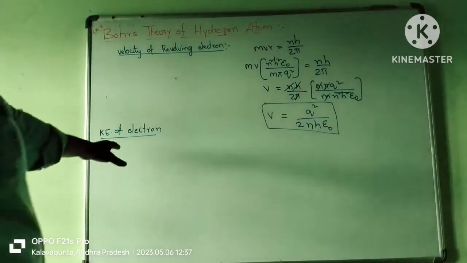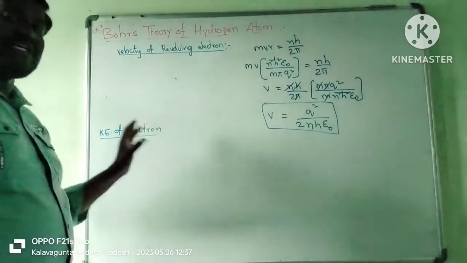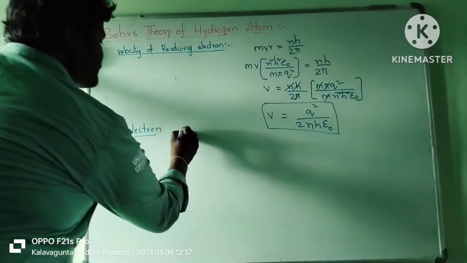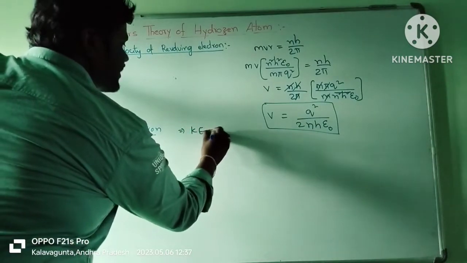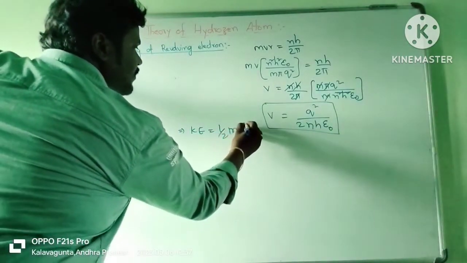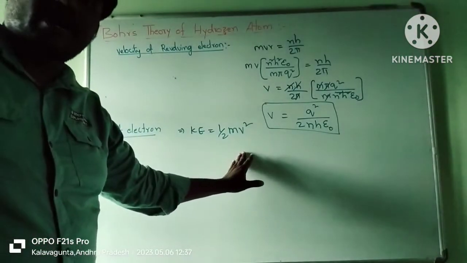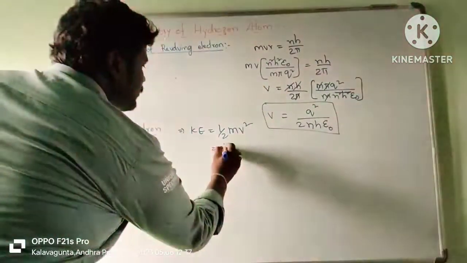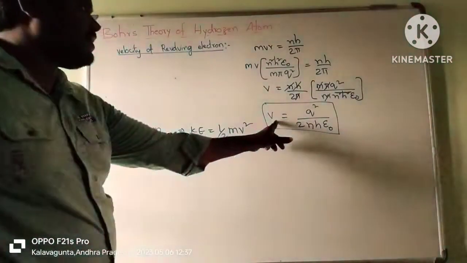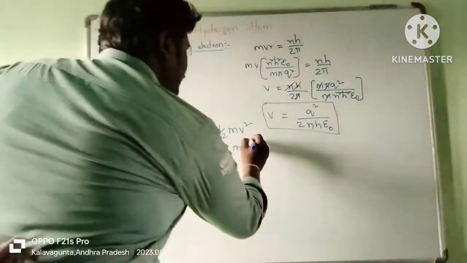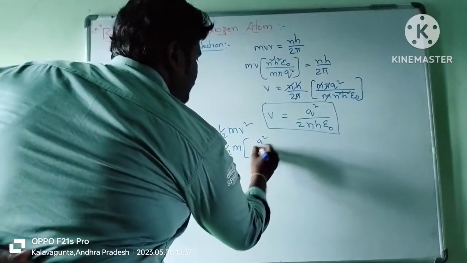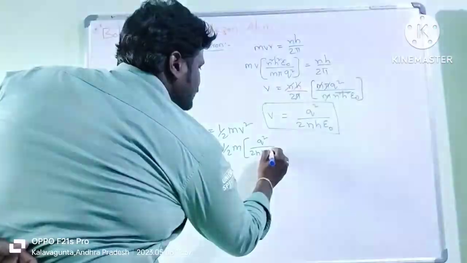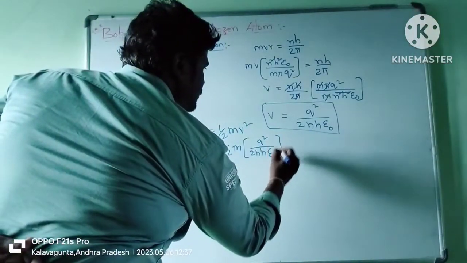And we need to find the kinetic energy of the electron. We know the kinetic energy formula: kinetic energy is equal to half mv square. So this is equal to half m, v square, where we substitute the v value, q square by 2nh epsilon naught whole square.